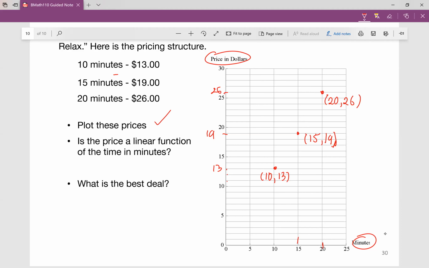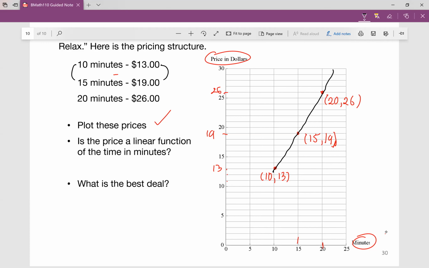Is the price a linear function? Let me draw a line going through this, and I see that it is a line, right? And if you want to check to make sure, you can check the difference.